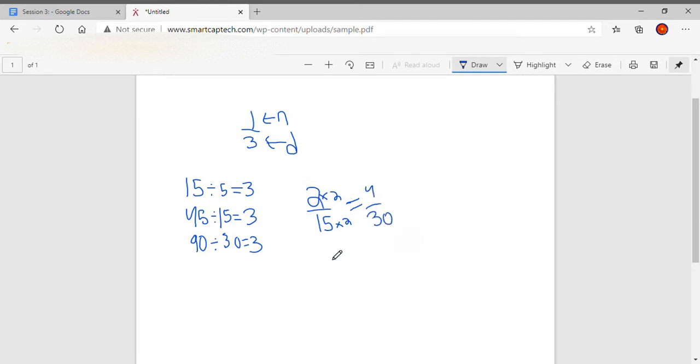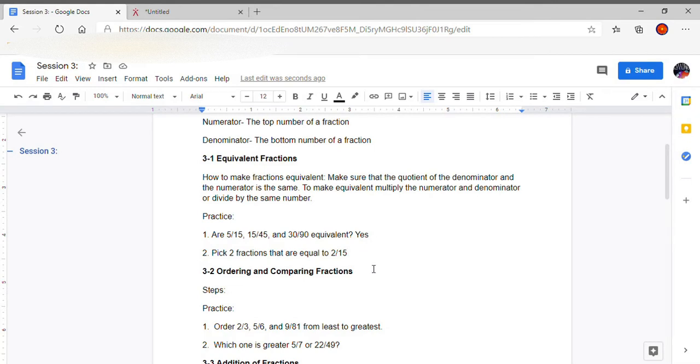Now this time, 2 over 15 times 3 is equal to 6 over 45. So 4 over 30 and 6 over 45 are equivalent.